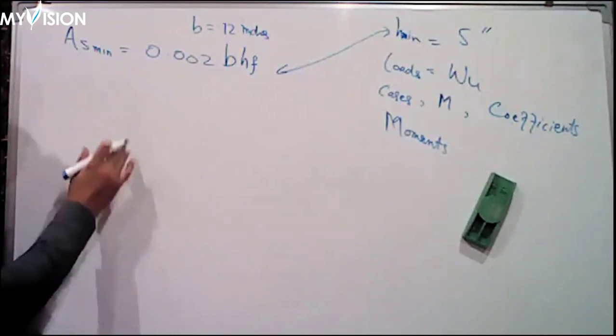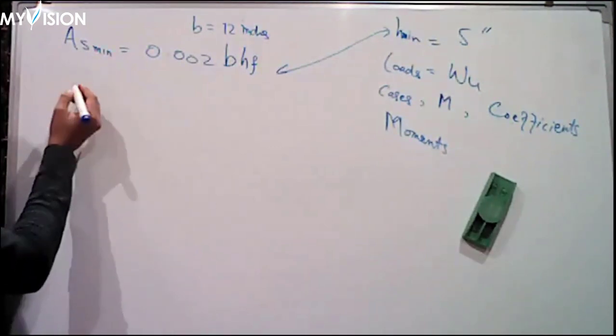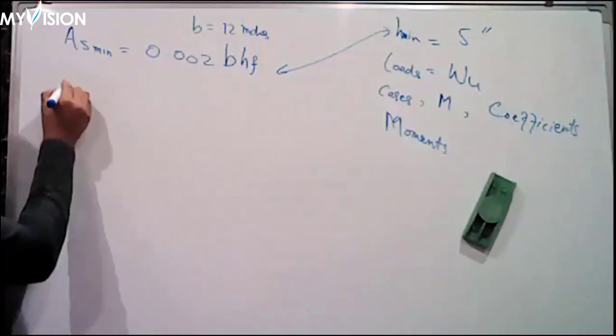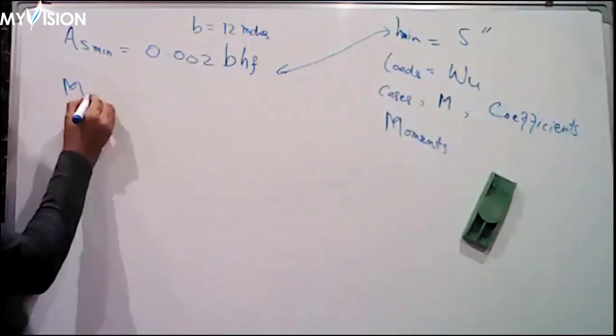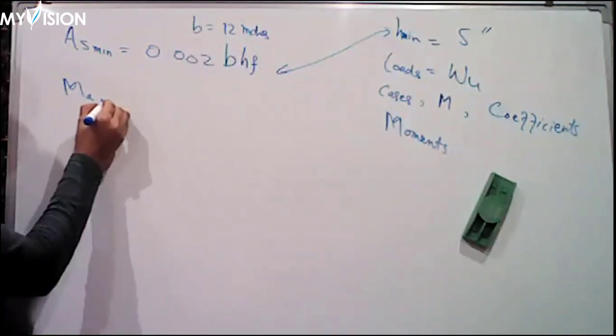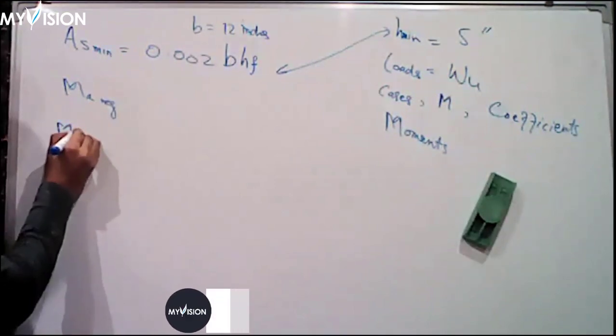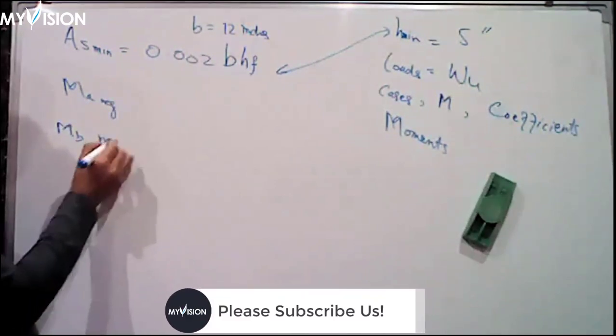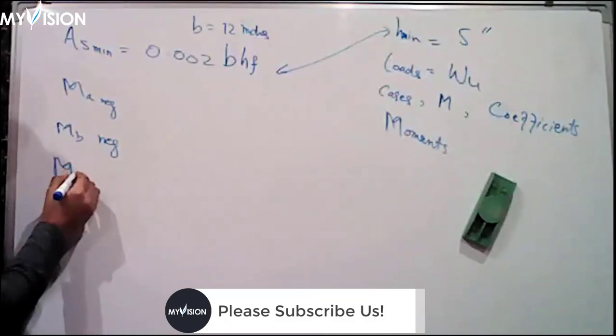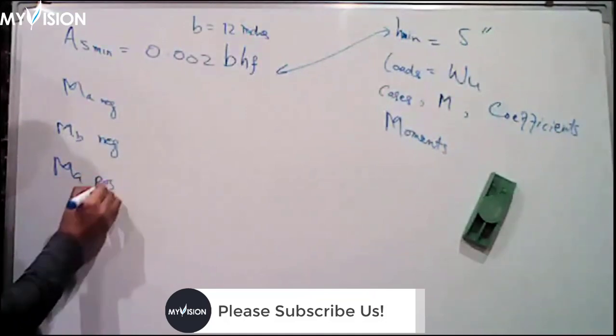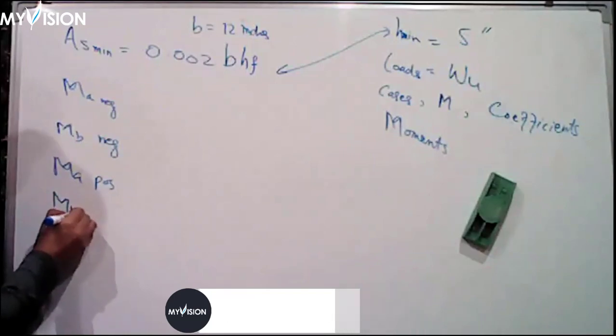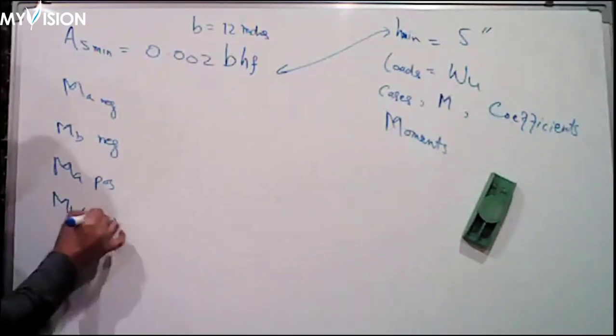After this we need the moments: you have MA negative, MB negative, MA positive, and MB positive.